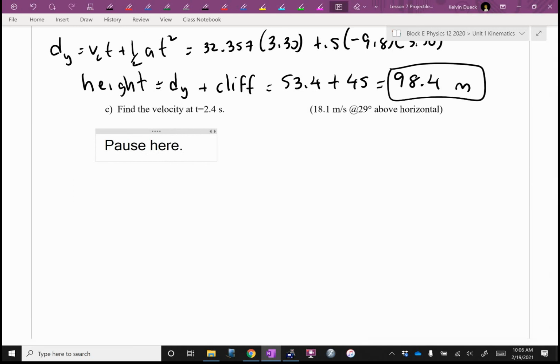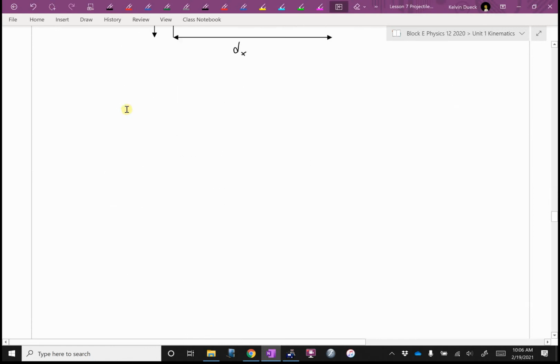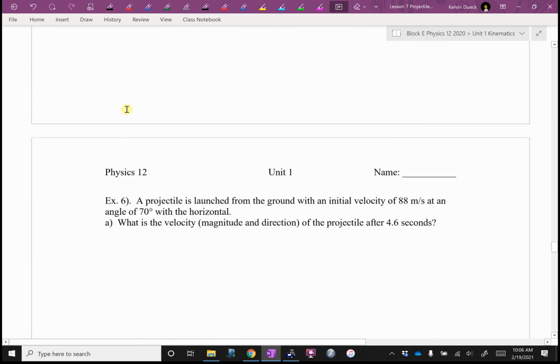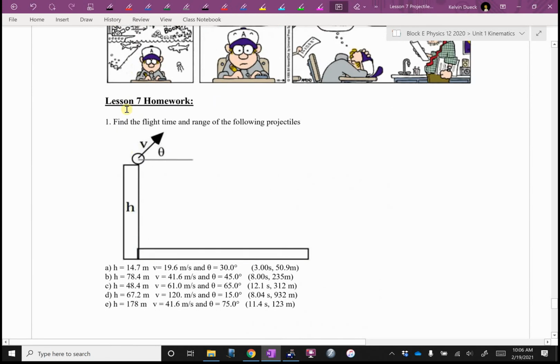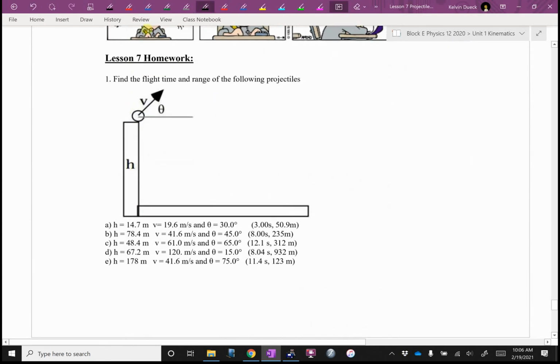We're going to pause with part C. So I've been talking for a while. As a start, I'm going to assign more homework later, but for now, you can try number 1. Here's a bunch of cliffs at an angle.